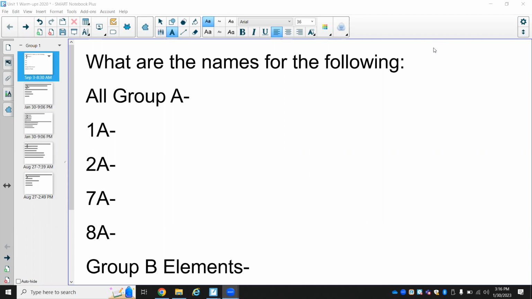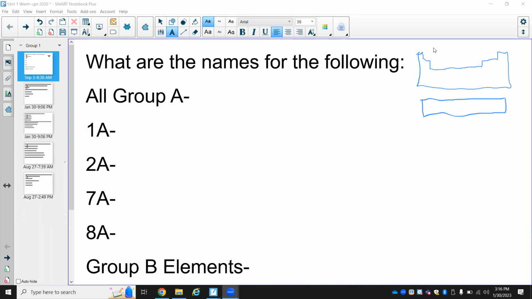All right, guys. So, real quick recap from yesterday, whenever you did the self-guided notes on the periodic table. When you look at the periodic table, excuse my drawing, you have the periodic table split up into different sections.